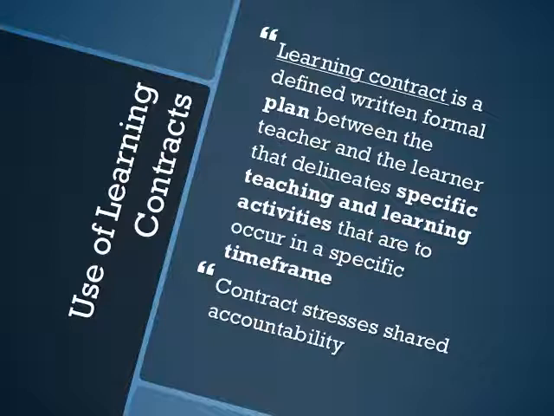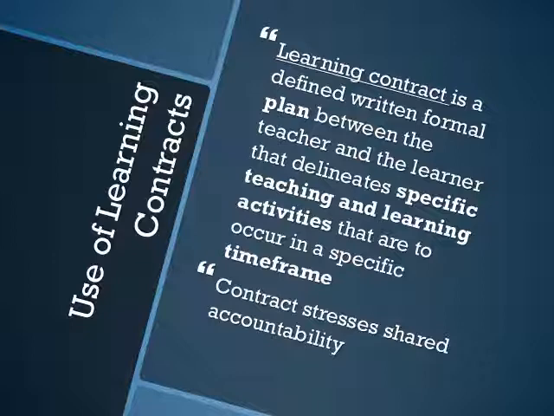Learning contracts are fairly normal and common in adult education, andragogy. But with younger students, they're not necessarily useful because the student has to be old enough to be responsible for their own actions and their own learning.